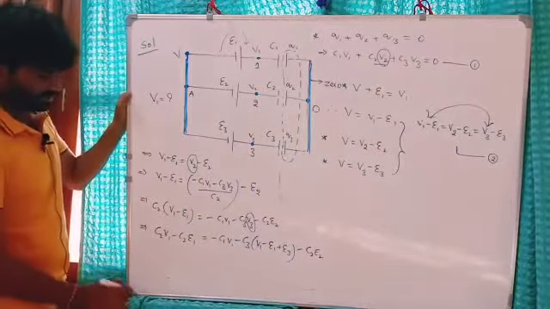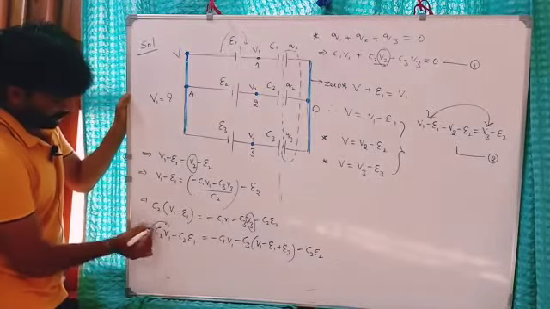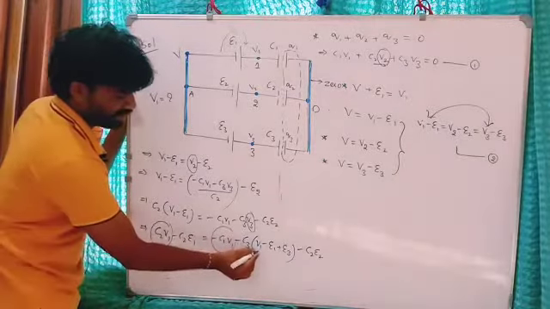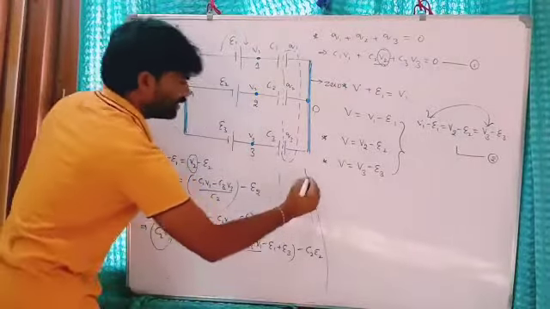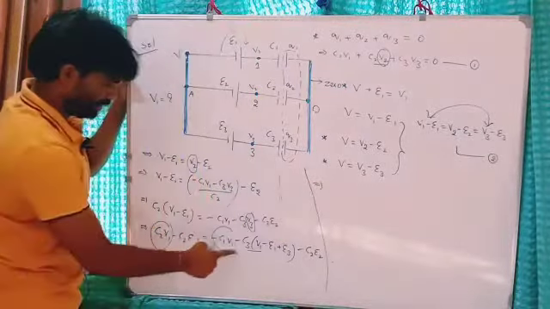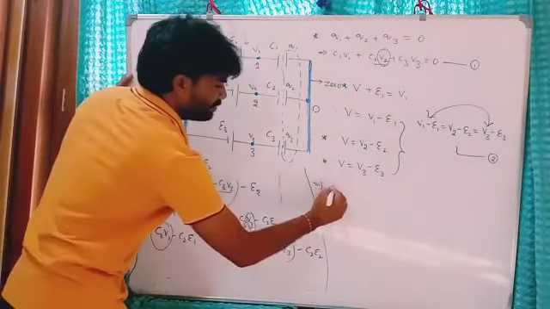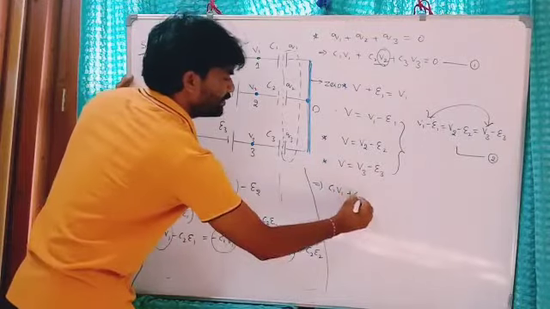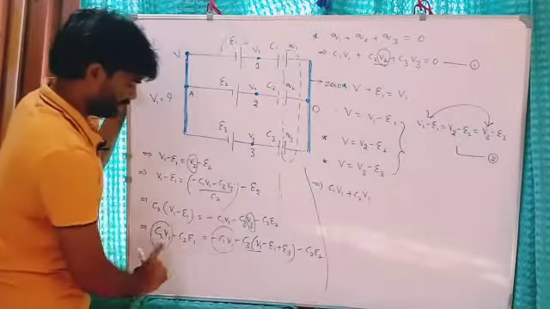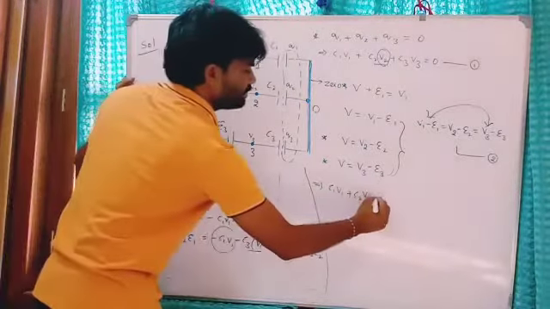Okay, look at this, and search for the V1 terms. You have them here, here and here. So separate those V1 terms from the other terms. You can write C1 V1, next C2 V1, and next C3 V1 on that side.